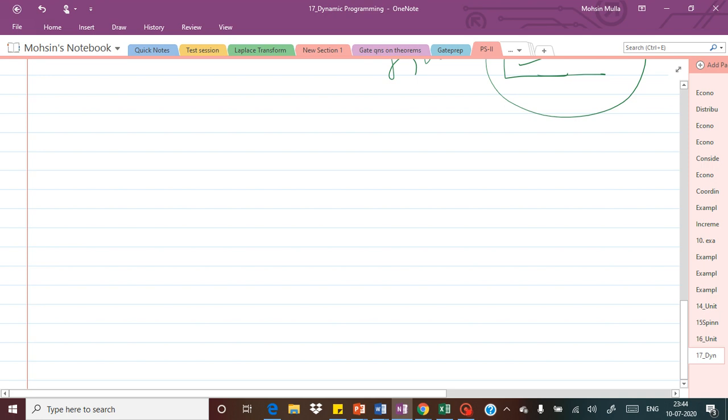Here the advantage of the dynamic programming algorithm is clear: if you know the optimal way of loading n units, it is easy to determine the procedure for optimal loading of n plus 1 units.